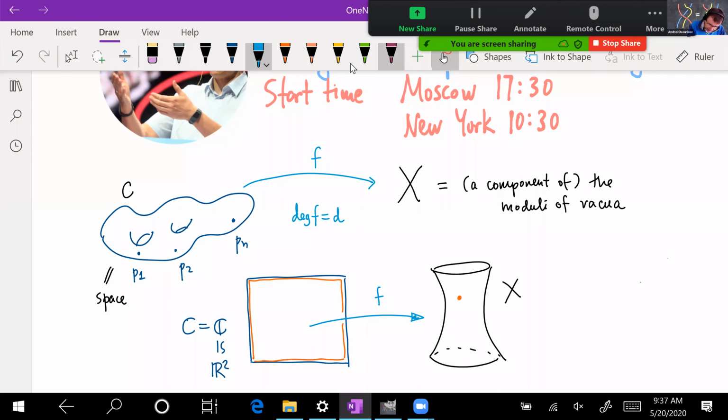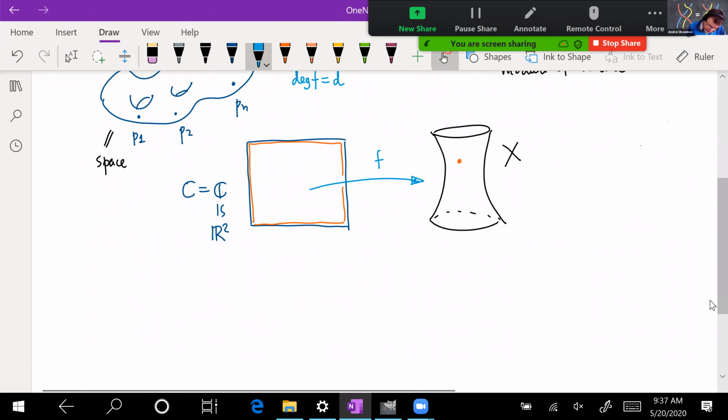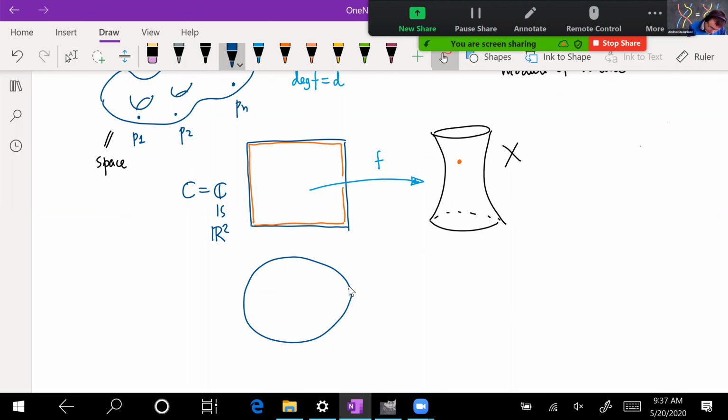The way to say it in algebraic geometry is that you have a map of the Riemann sphere, this is P1, and then there is this point at infinity.